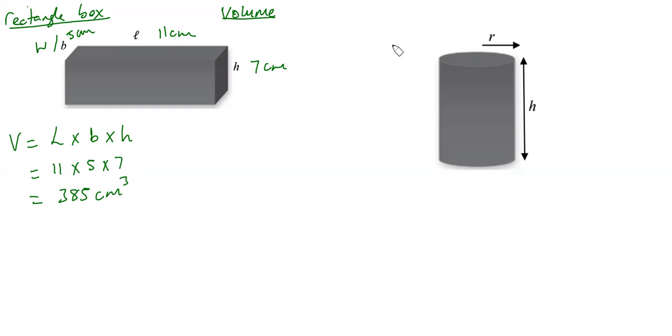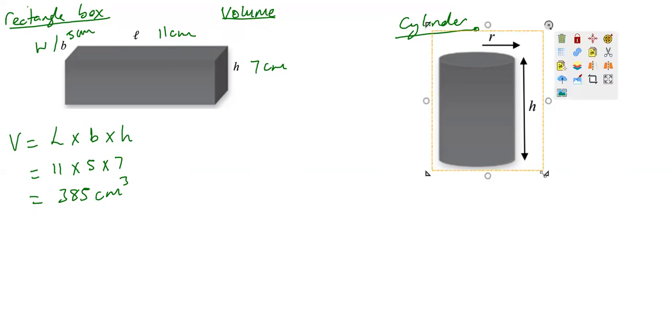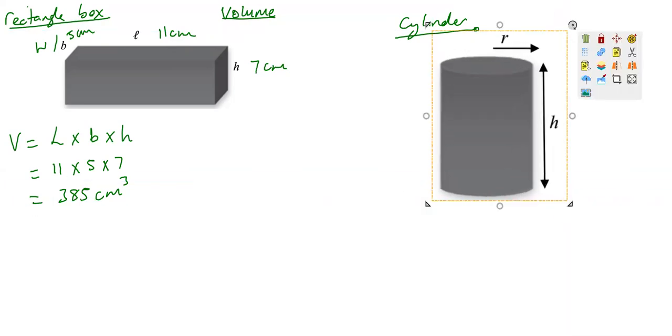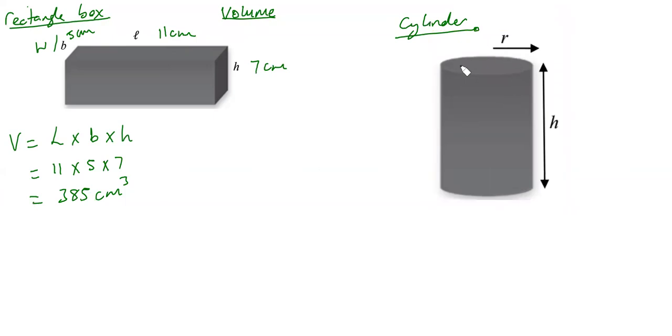Let's look at the volume of a cylinder. So this is a cylinder. On the cylinder, what you must know is that the surface of the cylinder is actually a circle. And if it's a circle, it means that we need the base area times height.